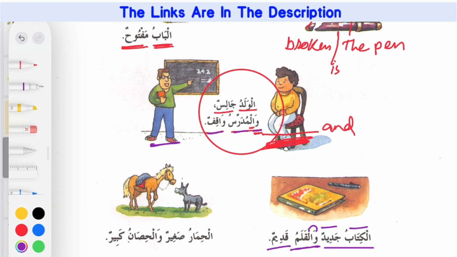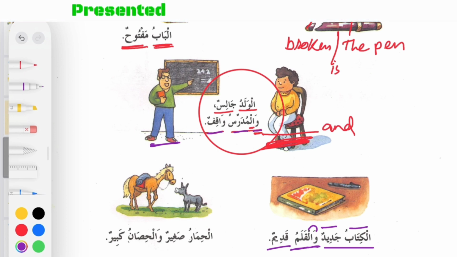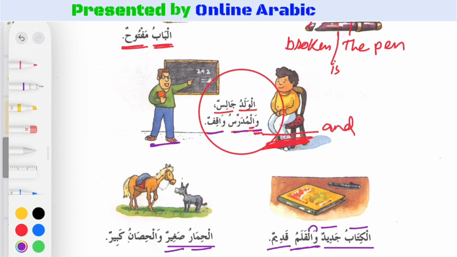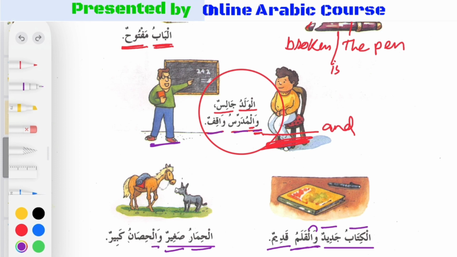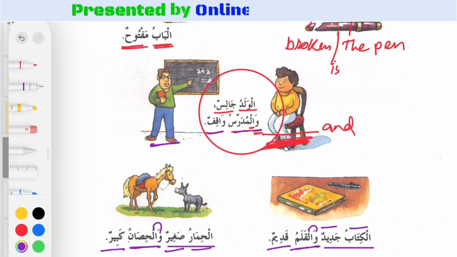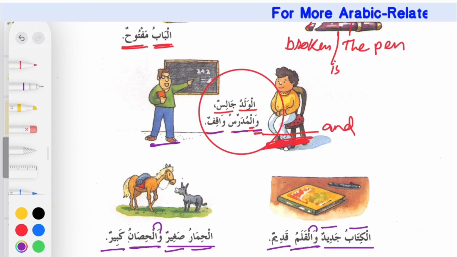Wal qalamu qadimun, and the pen is old. The same way, al-himaru saghirun. The donkey is small. Wal-hisanu kabirun. And the horse is big. Wal-hisanu kabirun. The horse is big.